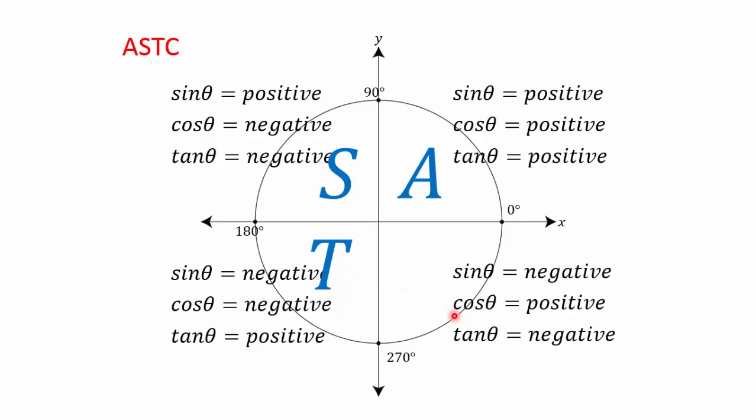In the fourth quadrant, cosine was positive and the other two were negative, so only cosine is positive. There is a nice acronym to remember that. All stations to central. And you work yourself anti-clockwise.